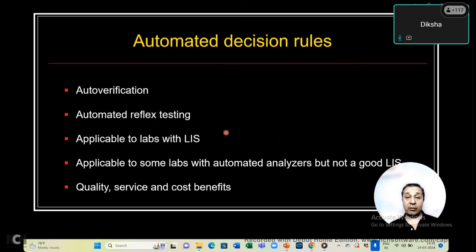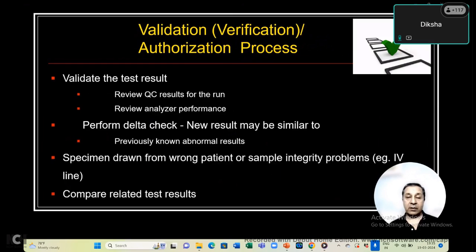And most importantly, the decision rules which we'll define should preferably be aligned with the laboratory information system or a good middleware so that you're able to eventually get good quality out of it and have the cost benefit as well.